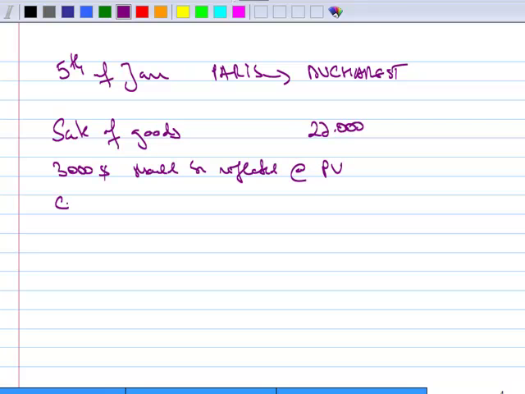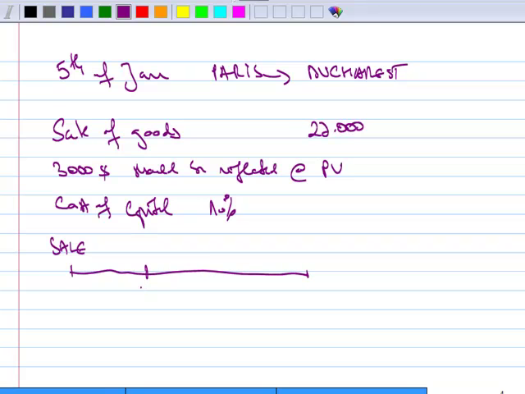So assuming the cost of capital is, let's say, 10%. What I mean is that from now, which is the point of sale, until 3 years, year 1, year 2, year 3, over this period, I just have a value of 3,000.